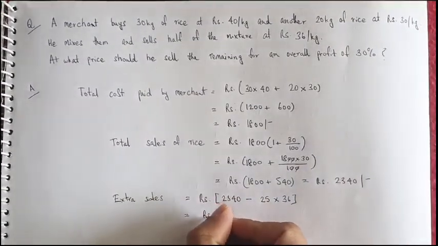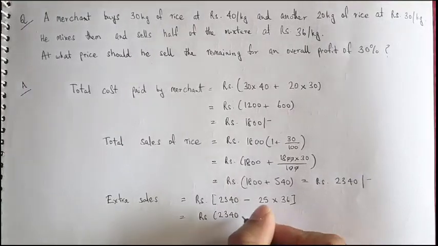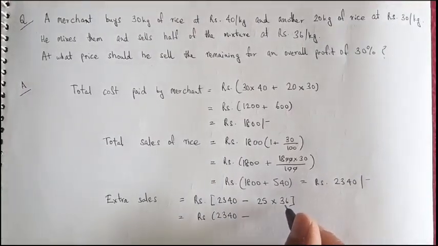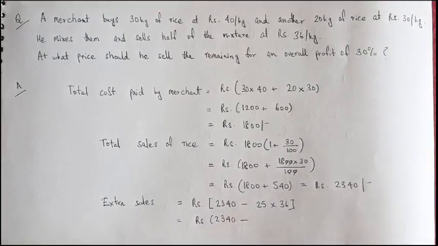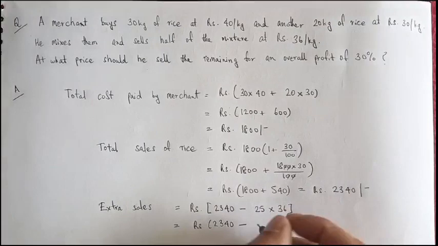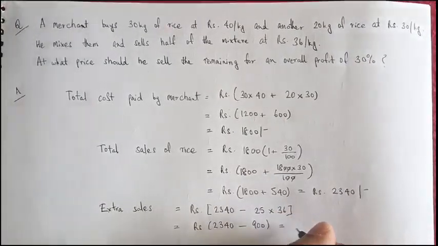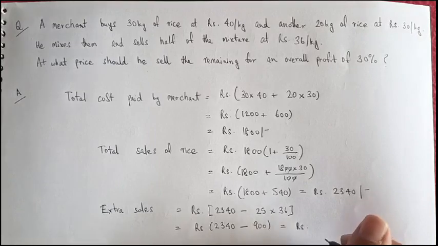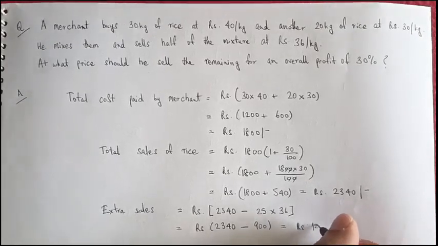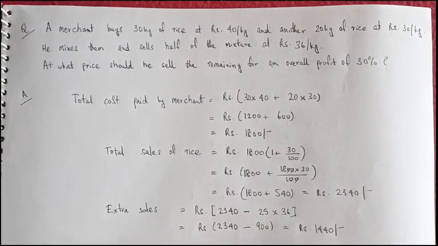So this gives us rupees 2340 minus, so if you do this 36 into 25, which is 900 rupees, right? So extra sales that he must achieve is rupees 1440. Right? This part is clear.